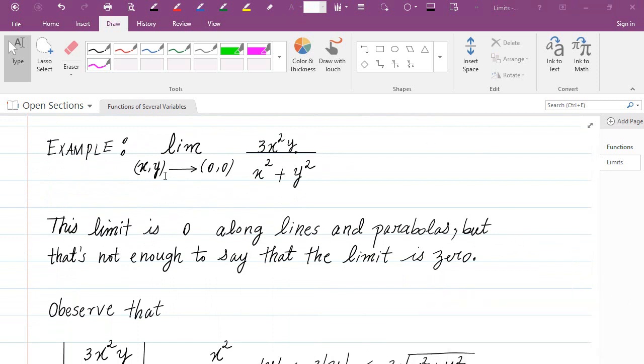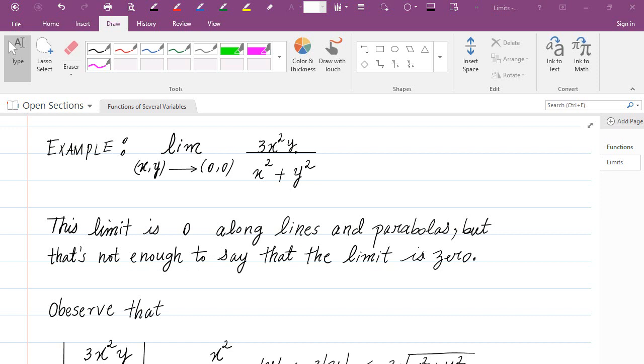Let's say we want to take the limit of 3x squared y over x squared plus y squared as (x,y) approaches (0,0). Now, you can check that this limit is 0 along any line and any parabola, but that's not enough to say that the limit is 0, because we can approach the origin along other curves that are not lines or parabolas.